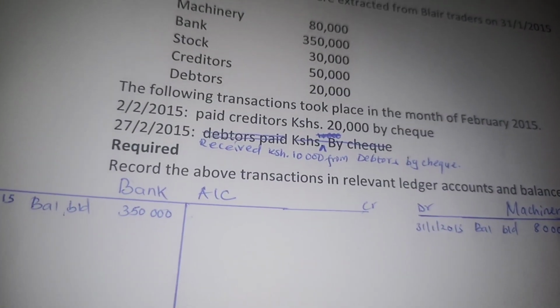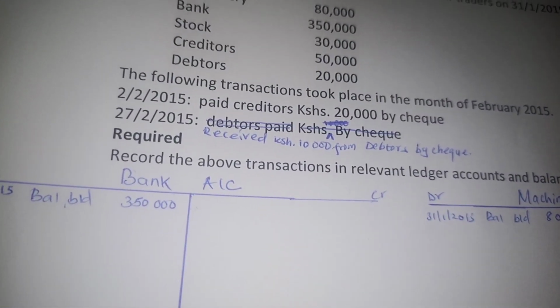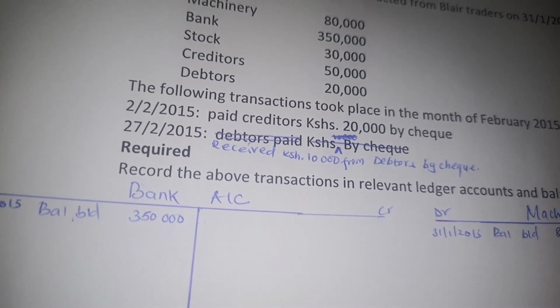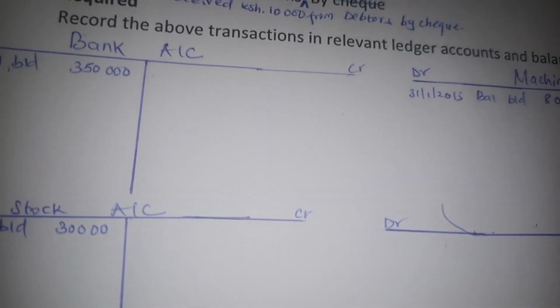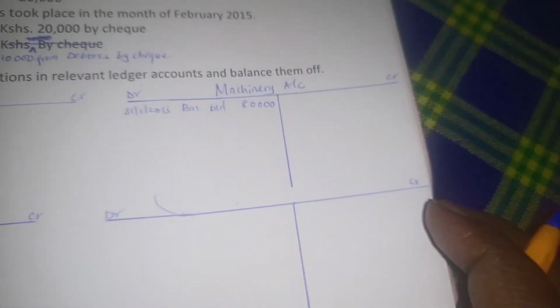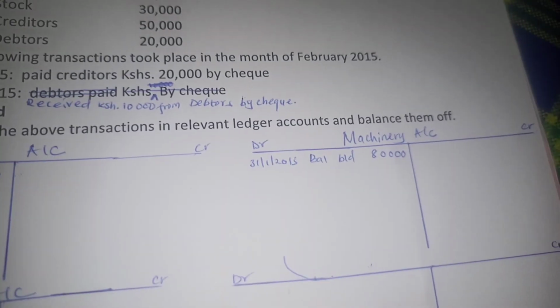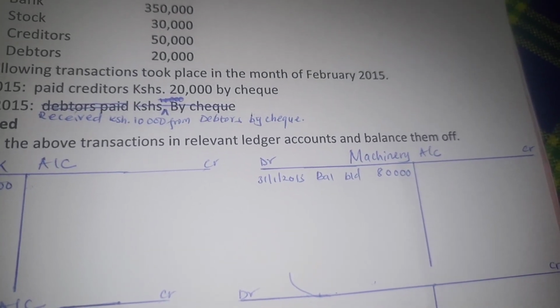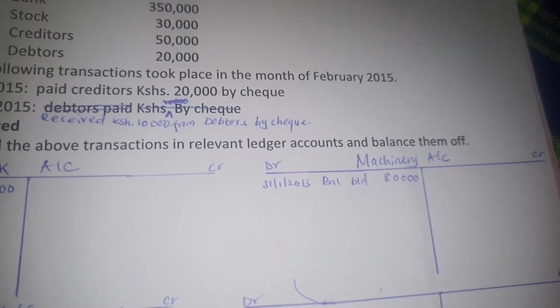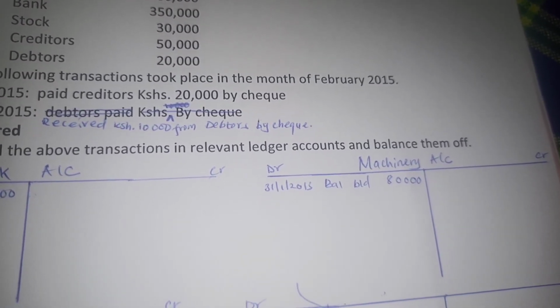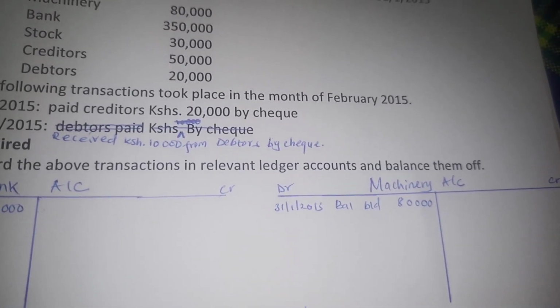Next is creditors. That's our debit, that's our credit. So creditors is a balance of 50,000. Now, creditors is a liability, hence has a credit balance.